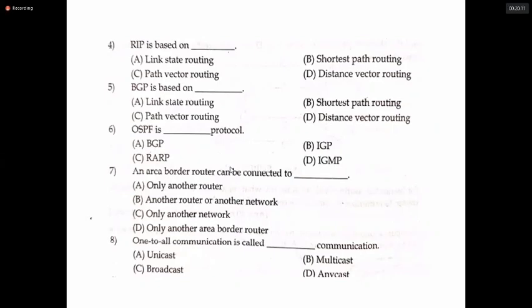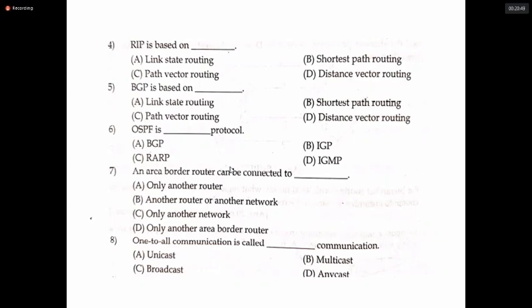Next, an area border router can be connected to dash. You remember the area border router? Remember your OSPF. In OSPF we have something called areas, so your entire autonomous system is divided into areas. Remembering that, an area border router can be connected to dash. Another network, another router, or one or more areas?